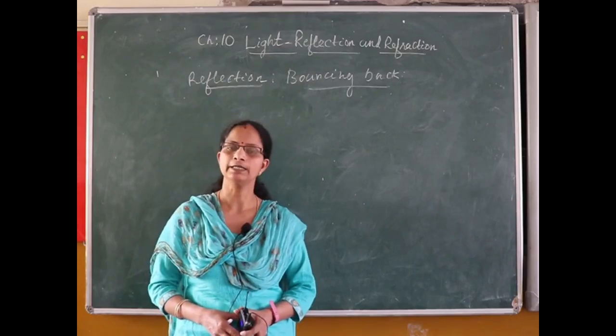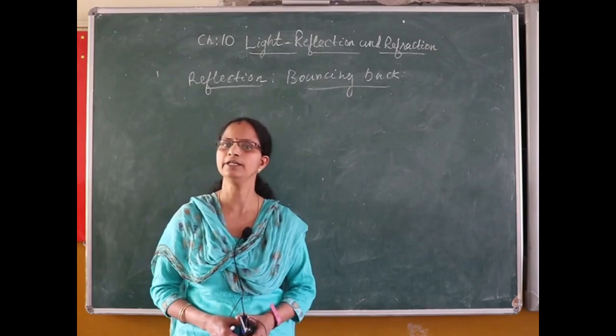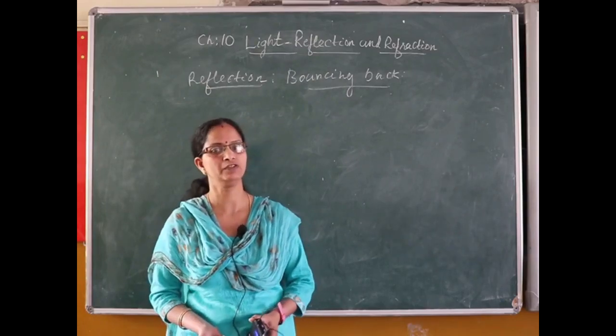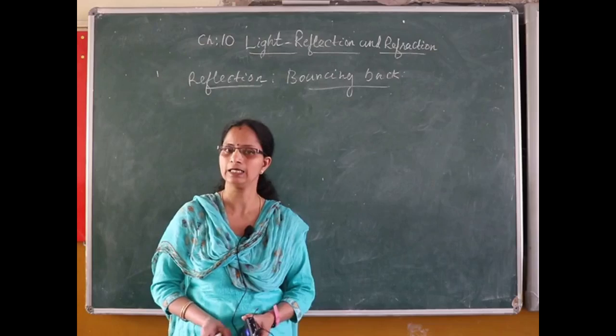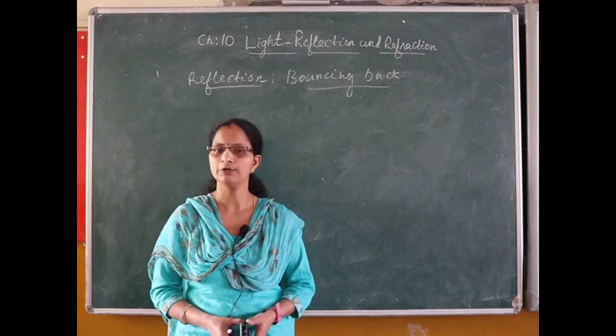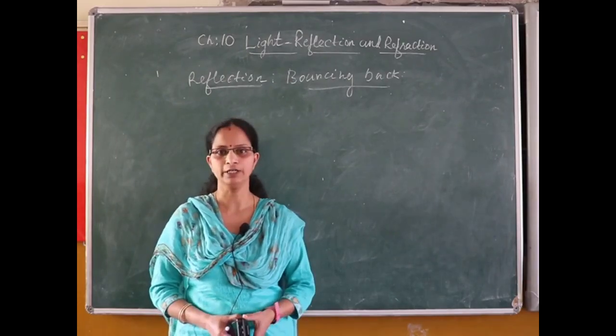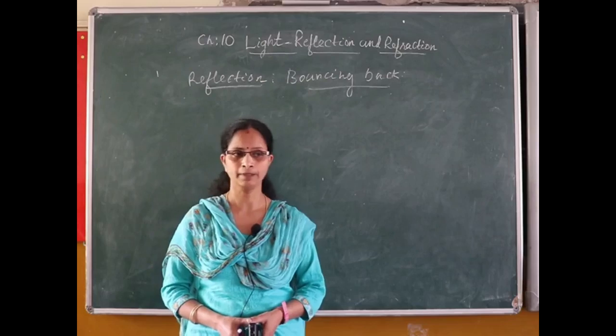And more importantly, the image formed in a plane mirror is always laterally inverted. The left side is seen as right and the right side as left. So that is lateral inversion. About this we have studied in our lower classes. This is the way an image is formed in a plane mirror.